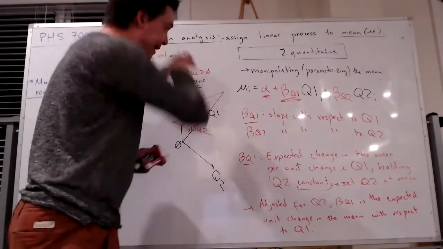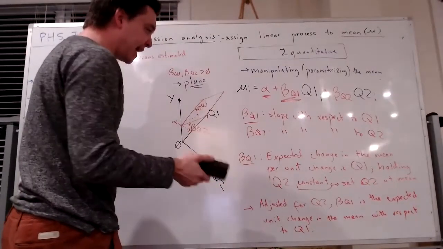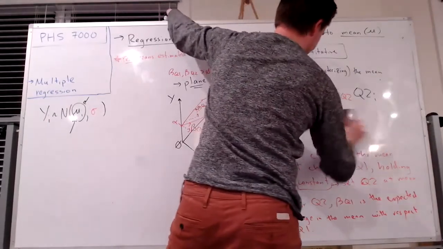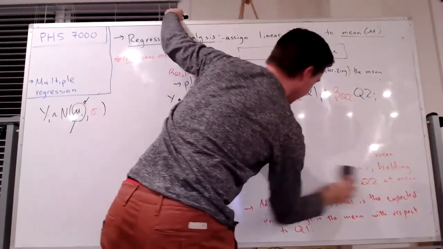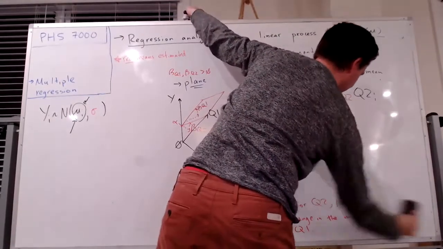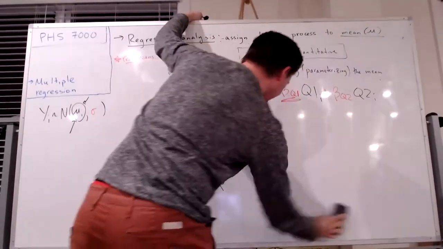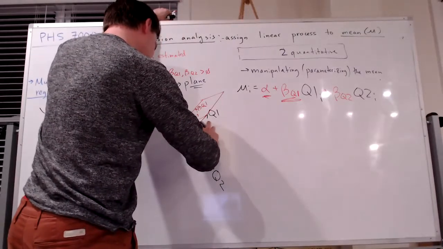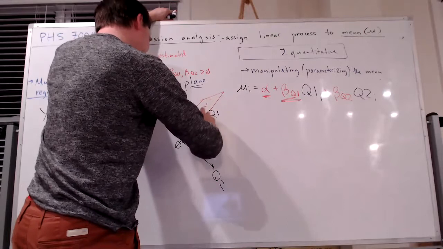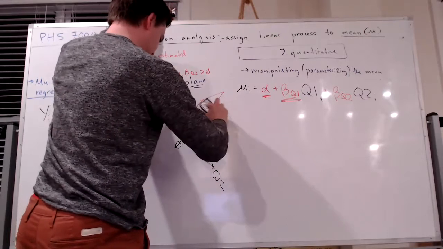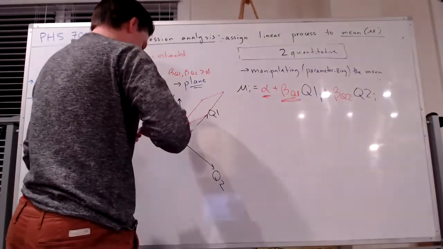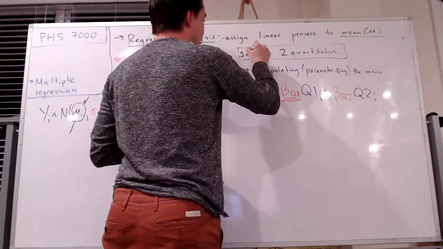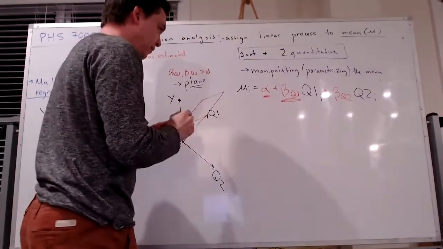Well, it's natural to ask, what if we now add to this world a categorical variable? So the world becomes one categorical plus two quantitative.